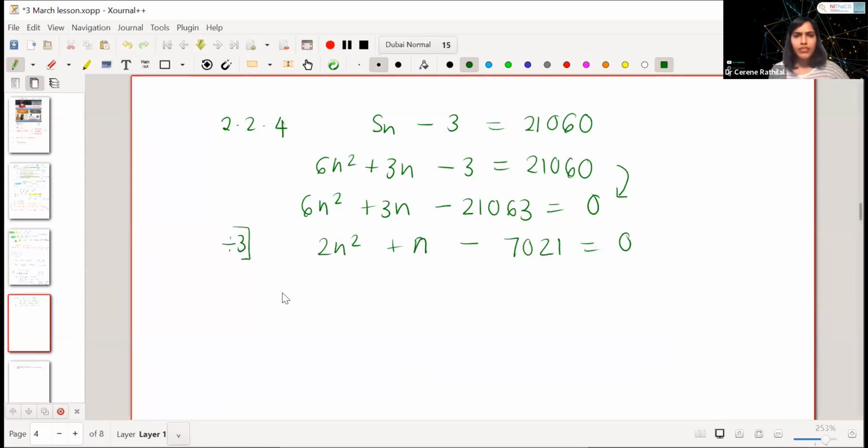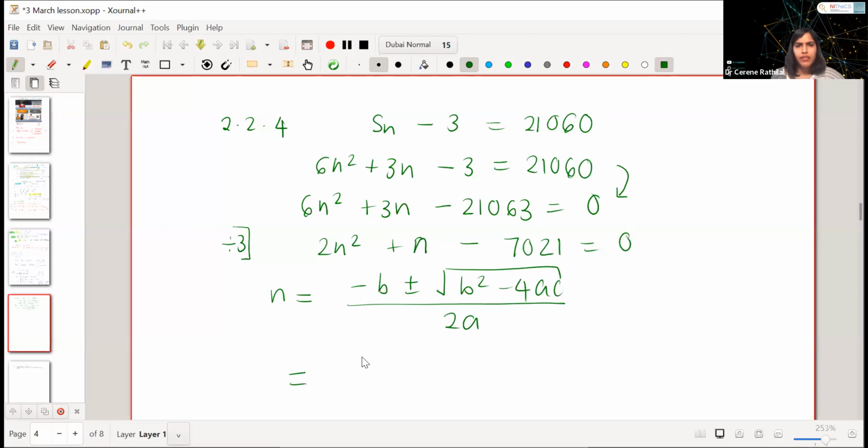Okay. And so you could basically use the quadratic formula that says that minus b plus minus the square root of b squared minus 4ac over 2a will give you the roots.